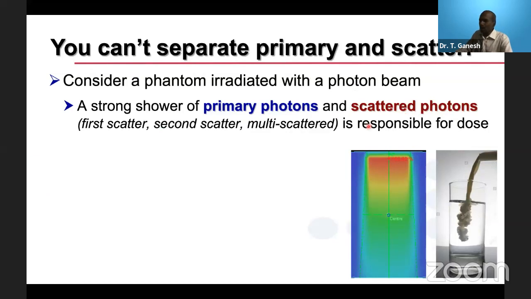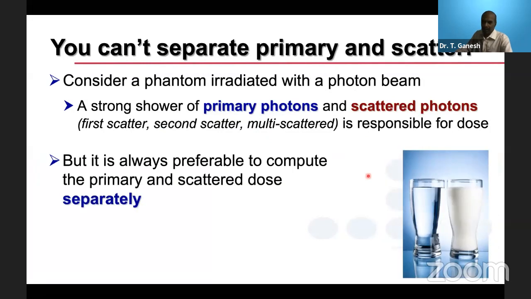And there is no instrument in the world which can separate the primary photons and the scattered photons. Just like once you mix the milk with water, you cannot separate the water from milk, similarly here also you cannot separate the primary photons from the scattered photons, vice versa.